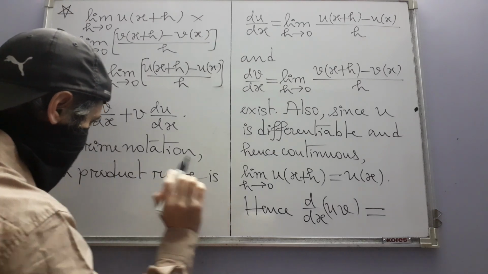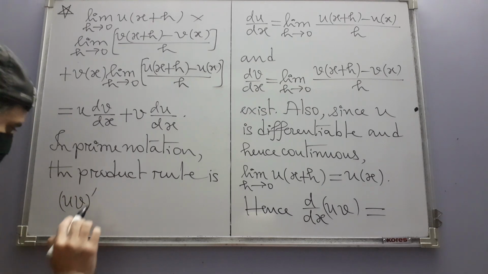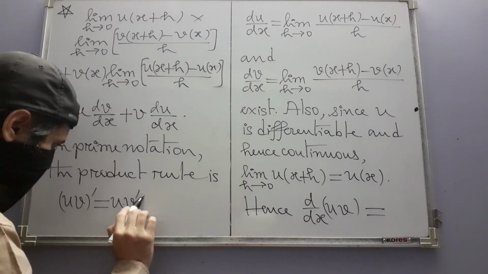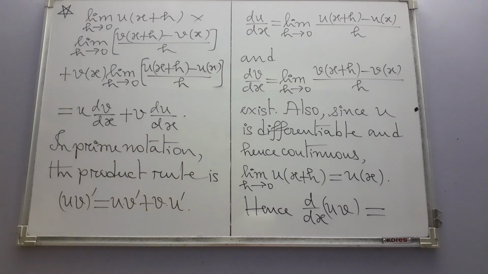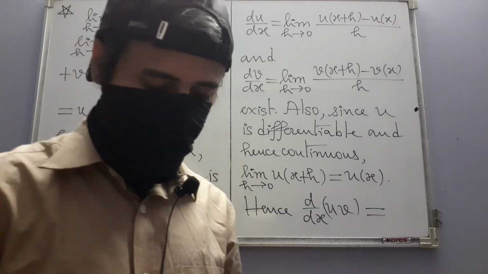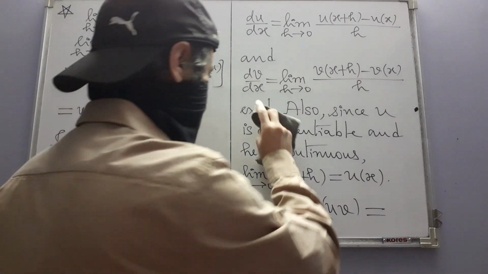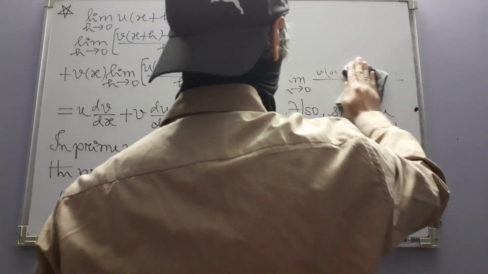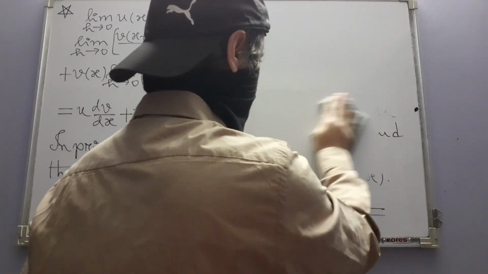The product rule is this. The derivative of uv is equal to u times the derivative of v plus v times the derivative of u. The product rule helps us with many situations. Let's see an example that will illustrate this rule and why we need it.